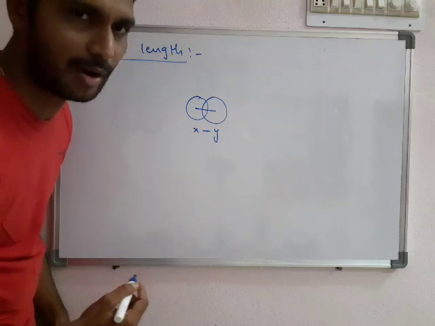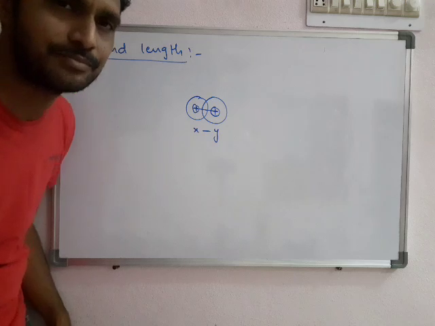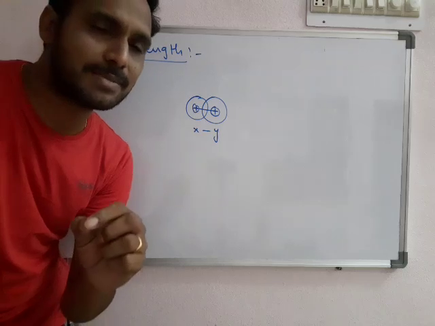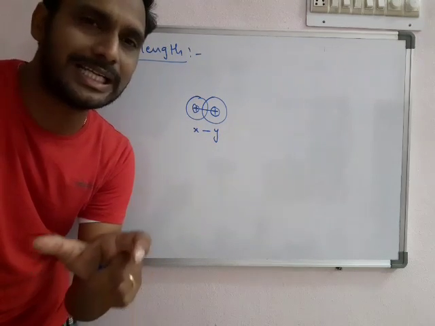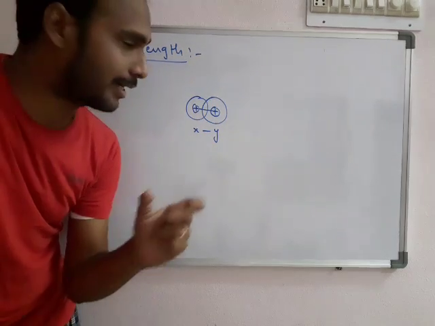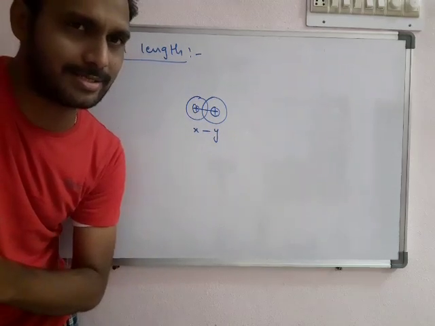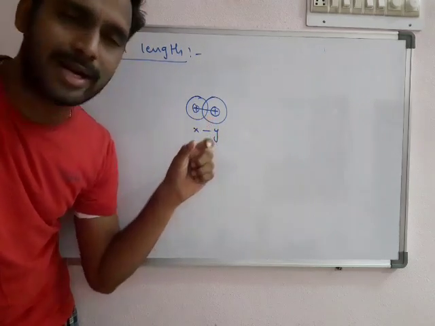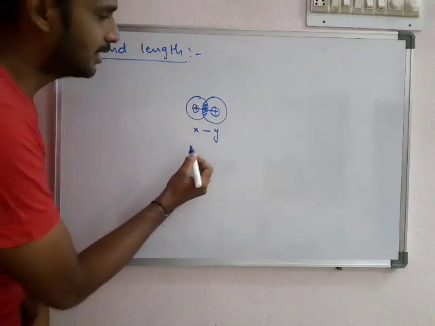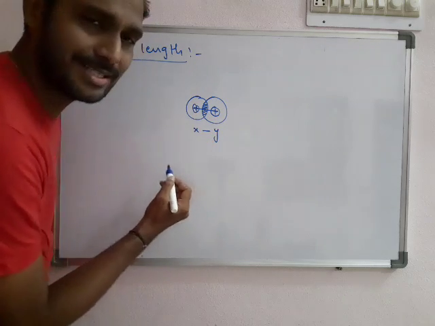This is the nucleus of one atom, and this is the nucleus of the other atom. The distance between the nuclei of two bonded atoms is called bond length or bond distance. In a covalent bond there is overlap, that's why I have written it like this.